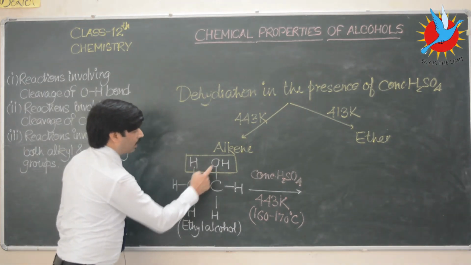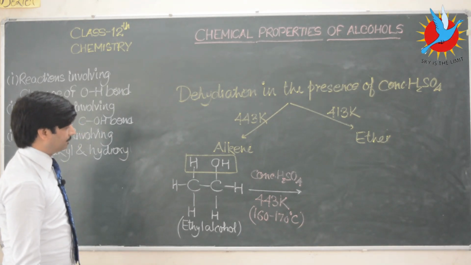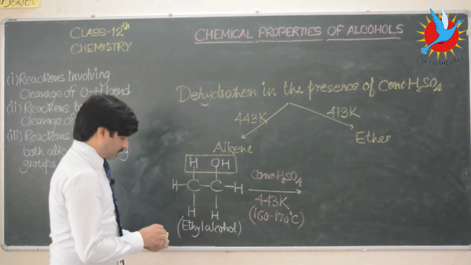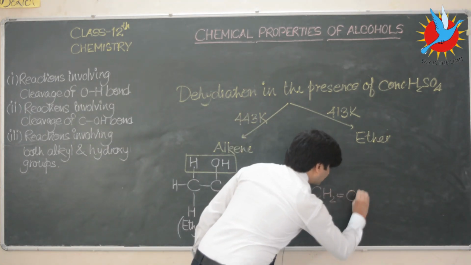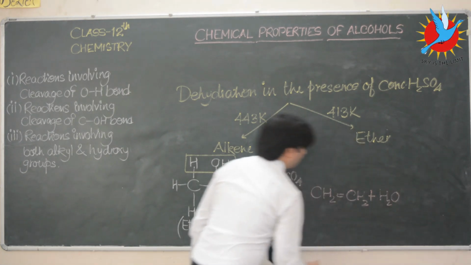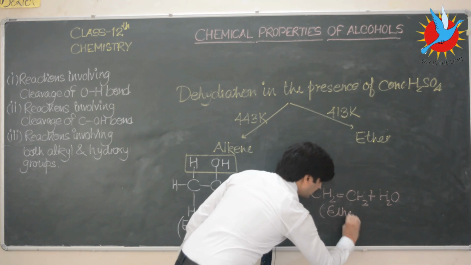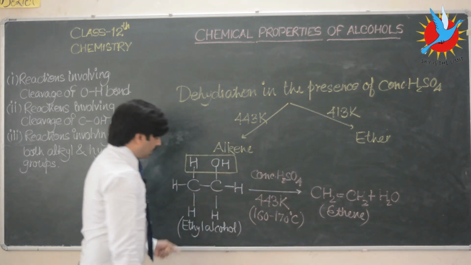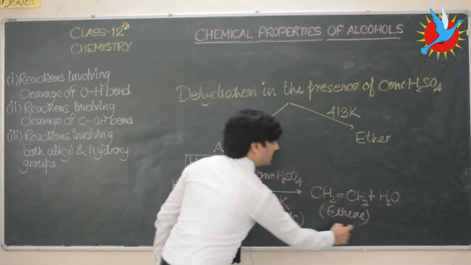Dehydrated means removal of a water molecule takes place in this reaction, and the product will be CH2=CH2 along with water. This is a type of alkene and the name of this alkene is ethene. So by the help of this reaction we can convert ethyl alcohol into ethene.